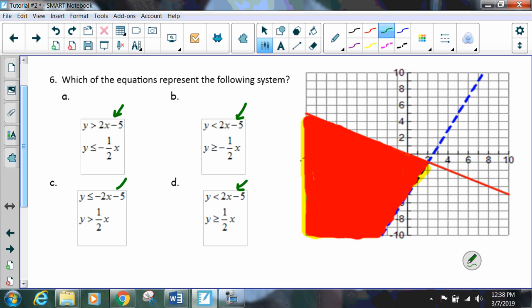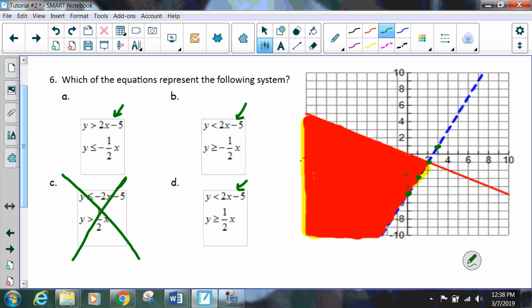Let's start there. Minus 5, and I know it's tough to see, but that looks like minus 5 there. And this blue slash line looks like up 2 over 1. So our slope is a positive 2. So right away, without even thinking about the shading part, we know the slope is wrong for this. That does not describe the line that we see.